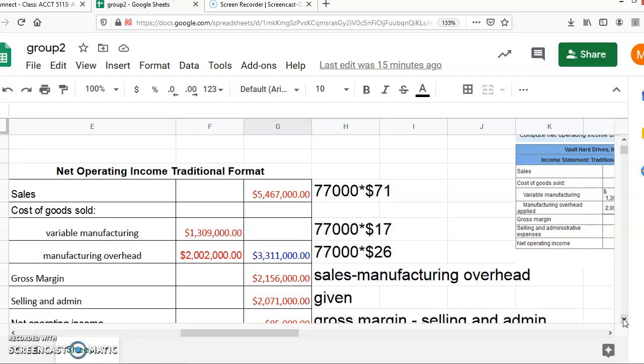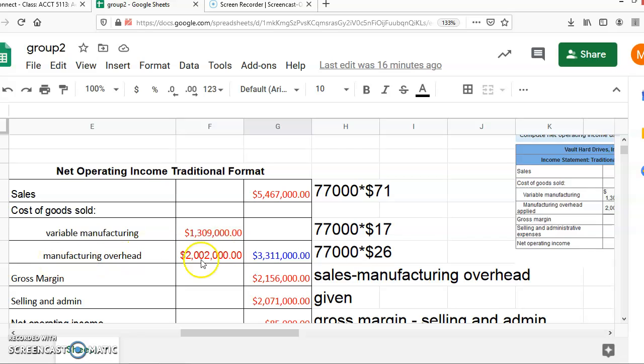Net operating income, traditional format. Sales were determined by multiplying 77,000 units by $71. Variable manufacturing by multiplying 77,000 units by $17.